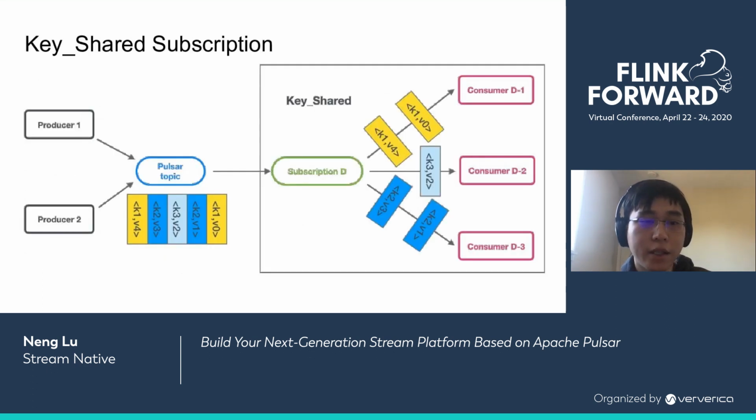Yeah, here is a diagram about the Key_Shared subscription, which shows why this is important for supporting exactly-once semantics. Each consumer will only be responsible for a certain key range of data, so that whenever it fails and comes back, it will still be responsible for these kinds of messages, and ensure that there will be no duplicate processing or missing data processing.